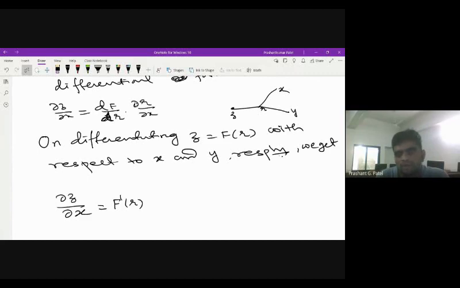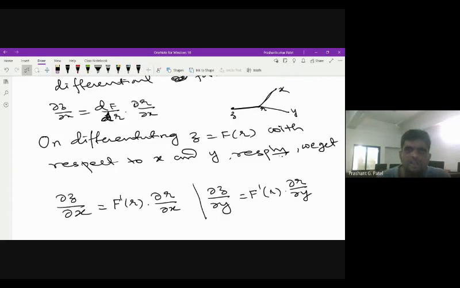As per this, you have to go via this path. So df by dr we are just writing as f dash, into del r by del x, and del z by del y is again f dash of r into del r by del y.